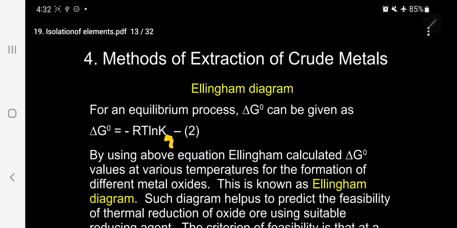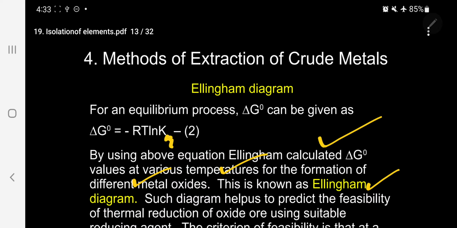By using the above equation, Ellingham calculated ΔG° values at various temperatures for the formation of different metal oxides. This is known as the Ellingham diagram.